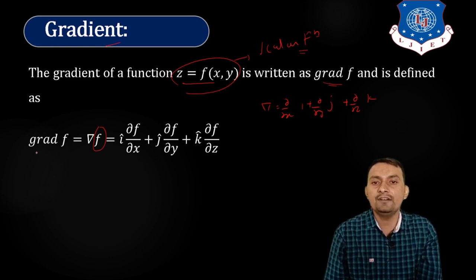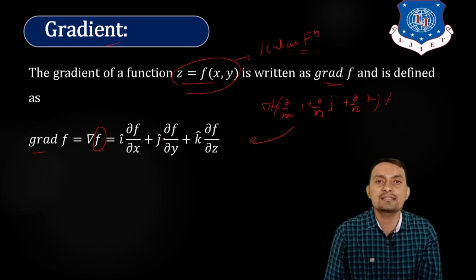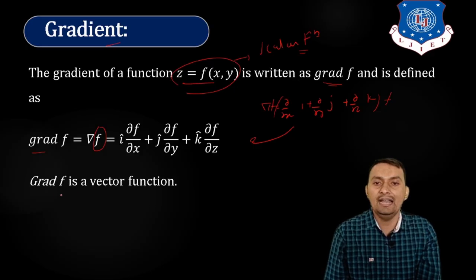So grad f, and after simplifying you will get i cap del f by del x plus j cap del f by del y plus k cap del f by del z. And that grad f will be a vector quantity.